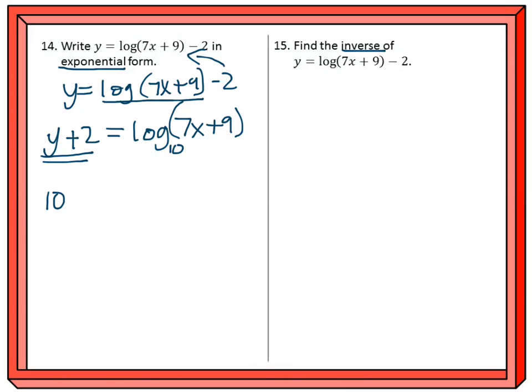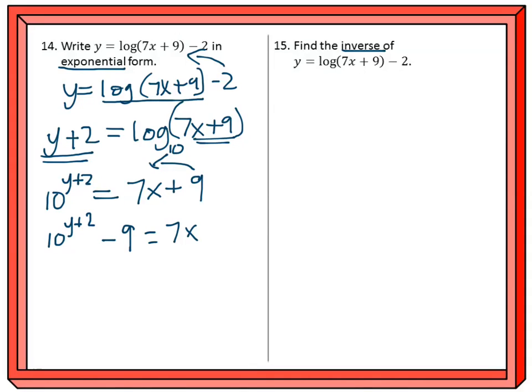So 10 to the y plus 2 power is equal to whatever we're taking the log of, 7x plus 9. There were a couple of people who left the answer like that, and that's acceptable, but I like to solve this thing for x. So solving it for x, let's get the 9 over here. So 10 to the y plus 2 power minus 9 is equal to 7x. And then finally, let's divide by 7, or take a seventh of this.